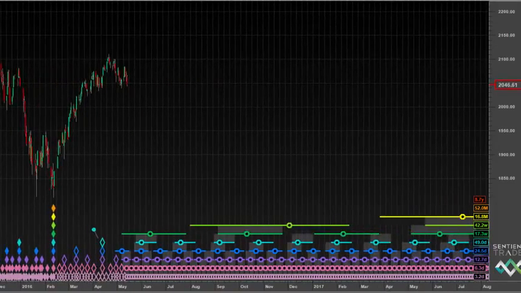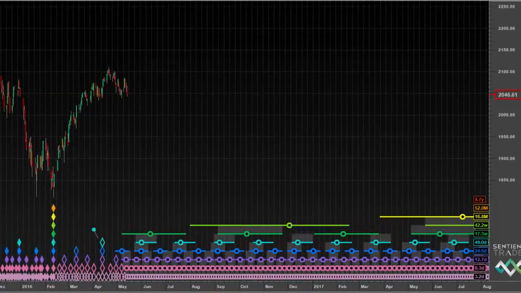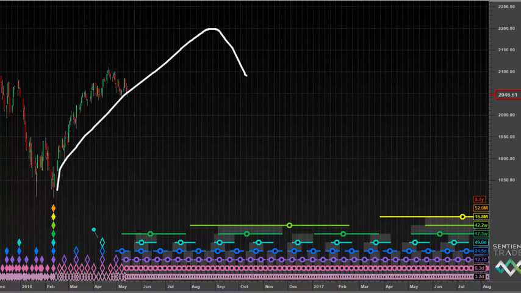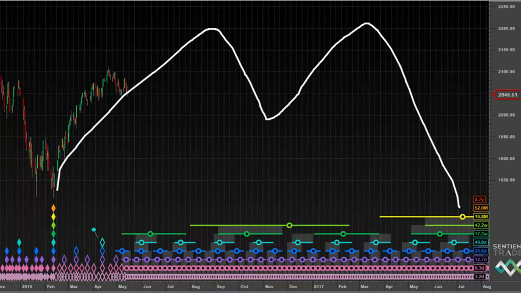Because it is bouncing out of the 18-month cycle, and let me just move that down a little bit, we expect the 18-month cycle to also form an M shape. So it's going to come up, form its first peak, come down, form the intermediate trough, come back up, form the second peak, come down and form the final trough of the 18-month cycle. Okay, there is our M shape.